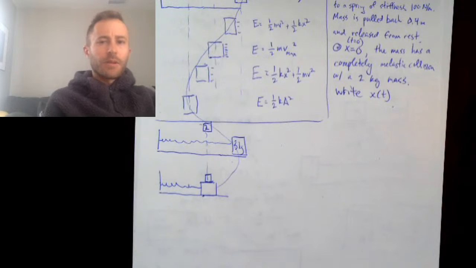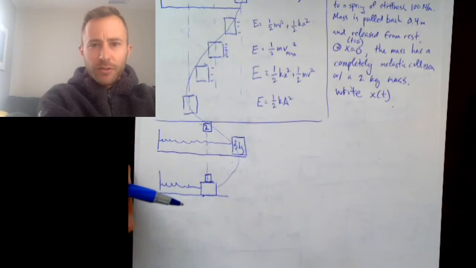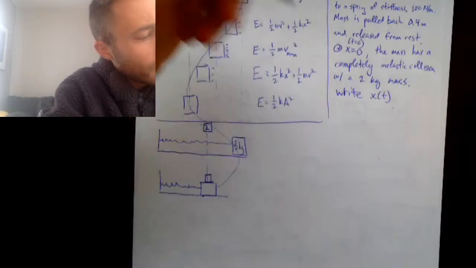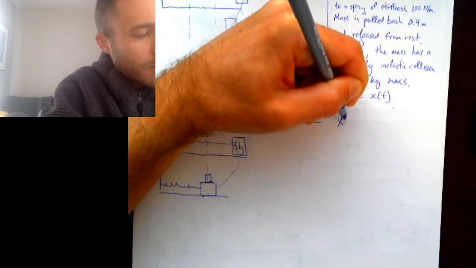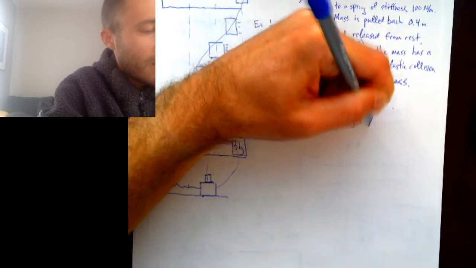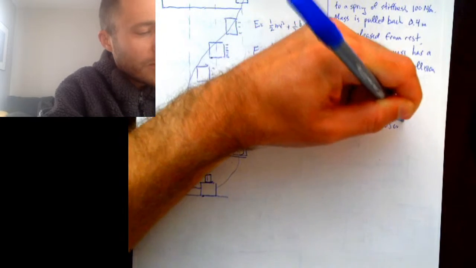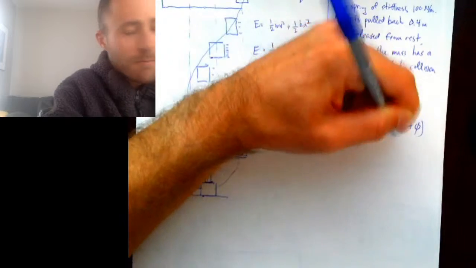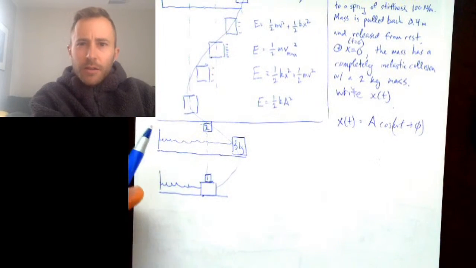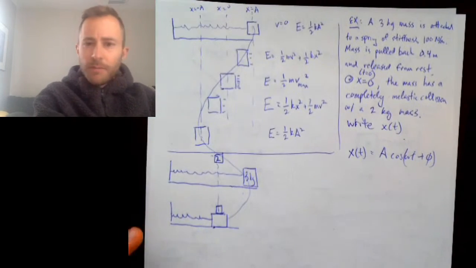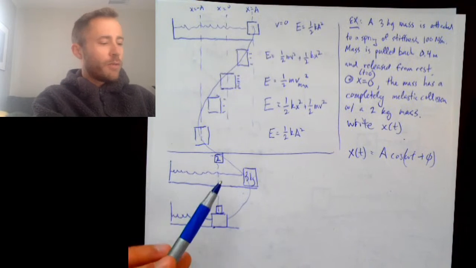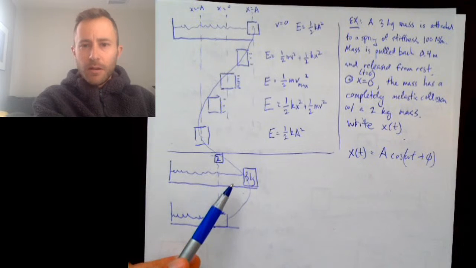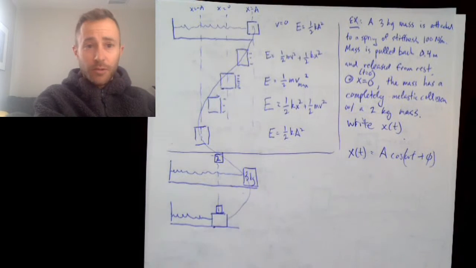So if we write x of t, it's going to be of the form A cosine of omega t plus phi. So first of all, we want to figure out what the amplitude is.